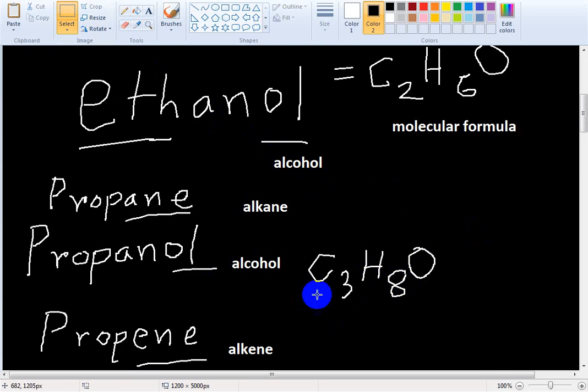Okay, do you know the general formula of alkane? What is the general formula of alkane? This is the molecular formula.